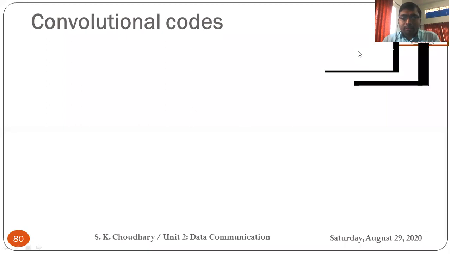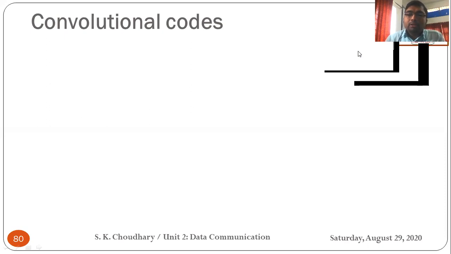Today we will go through a new topic, convolutional codes, and we will learn how to use the convolutional encoder to encode the codes, as well as a very popular decoding method, the Viterbi algorithm, for decoding of convolutional codes. Today we will just go for the encoding part. In the next lecture we will go for the decoding section.